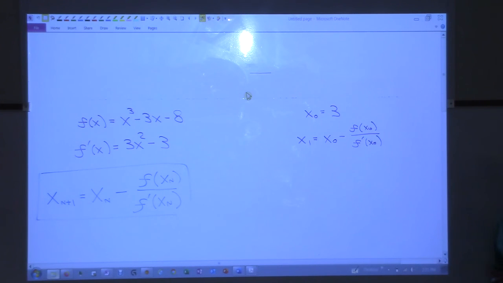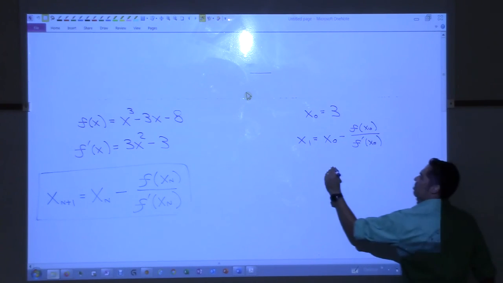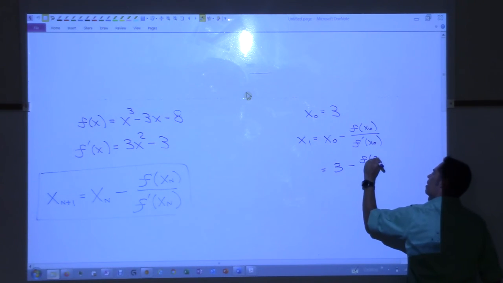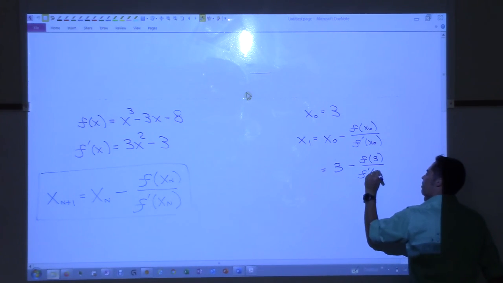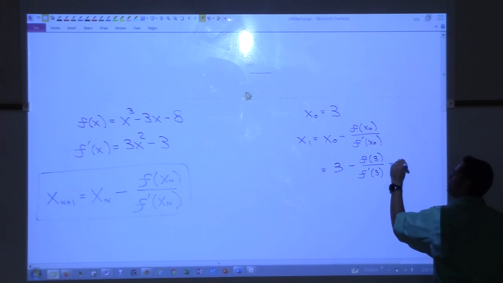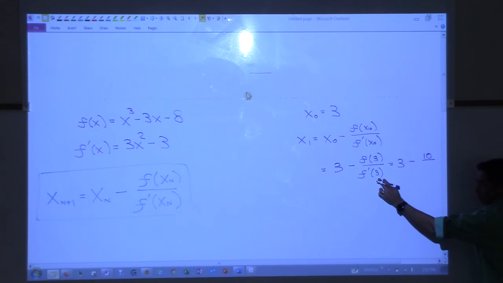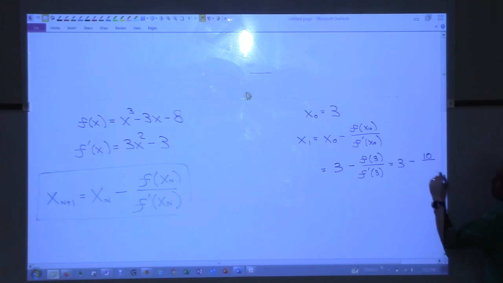So that should be x sub 0, which is 3, minus f of 3 over f prime of 3, which should be 3 minus, f of 3 was 10, we calculated that earlier, over the derivative at 3, 24.